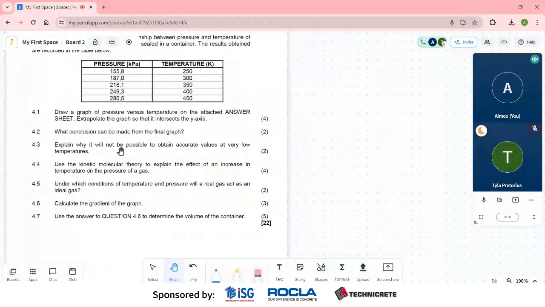Okay, explain why it will not be possible to obtain accurate values at very low temperatures. So this is 4.3.